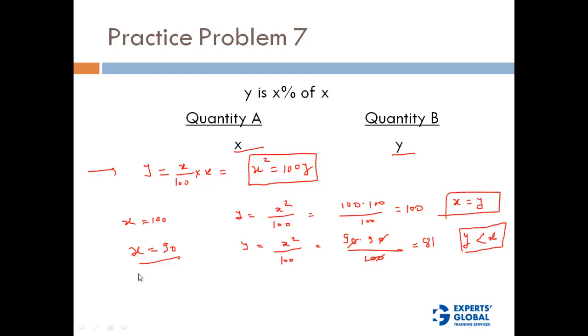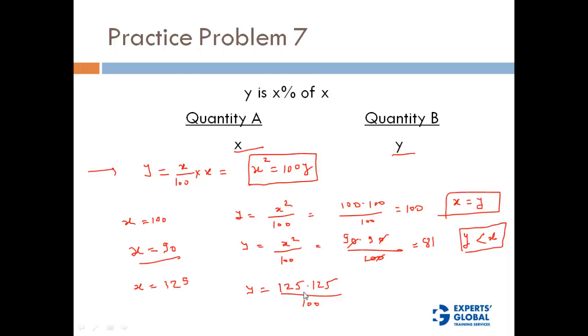Let's look at some value a little greater than 100. So let's say x is equal to 125. So we get y is equal to 125 into 125 divided by 100. Correct?